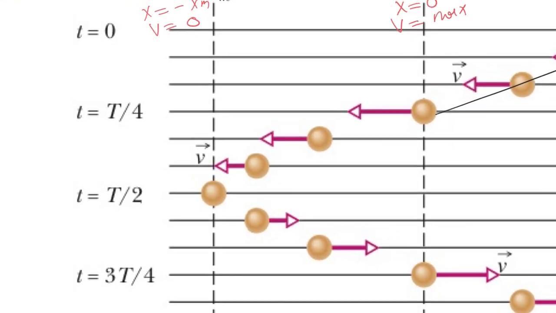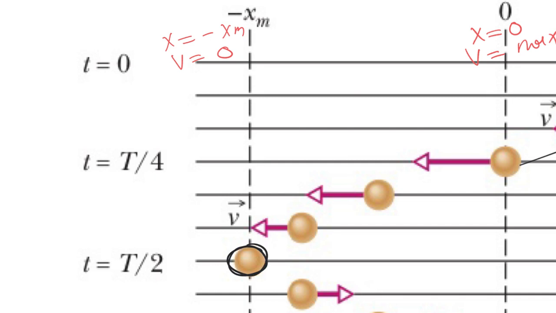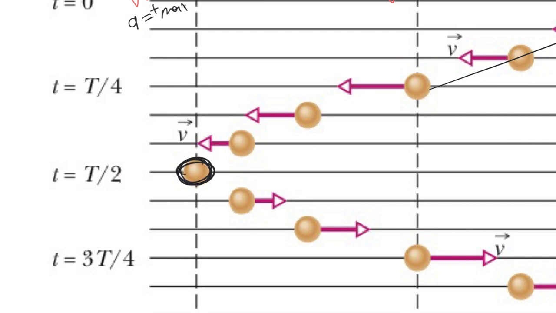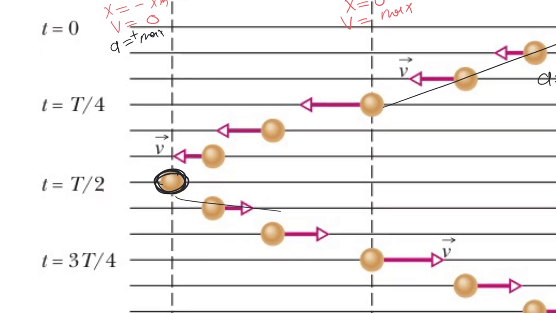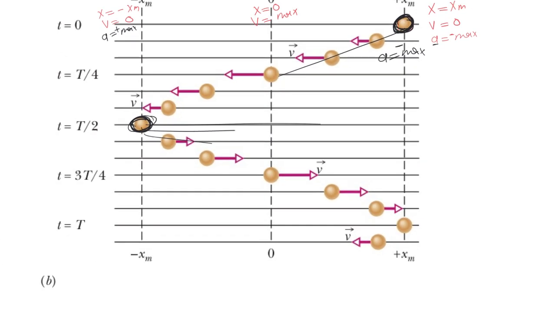But if we go to this position, x is minus xm, v is 0, and a is maximum but positive. Why positive? Because it will move the particle back to the right. So here the acceleration is negative because it moves the particle to the left, or to the minus. And here the acceleration is maximum but positive because the particle is moved to the right, or to positive x.